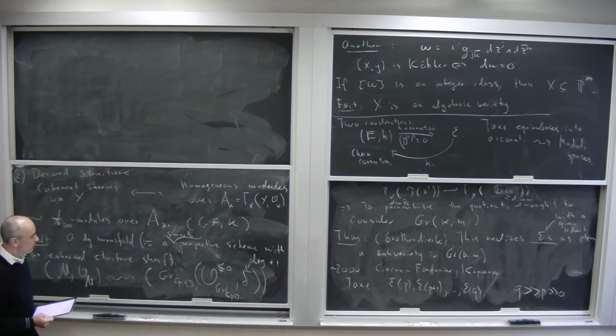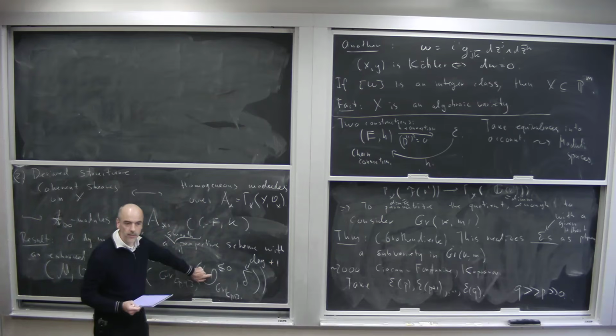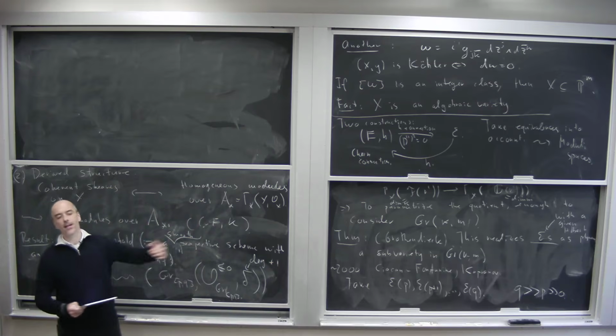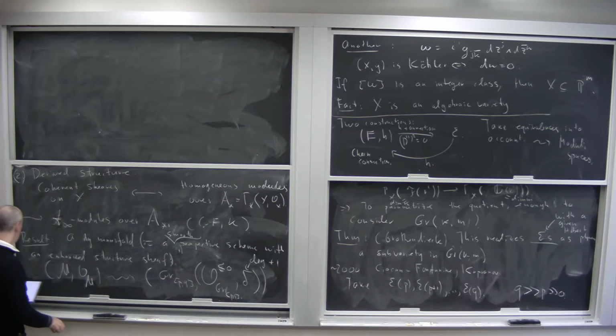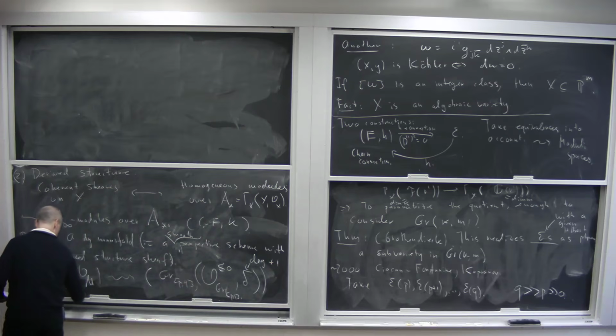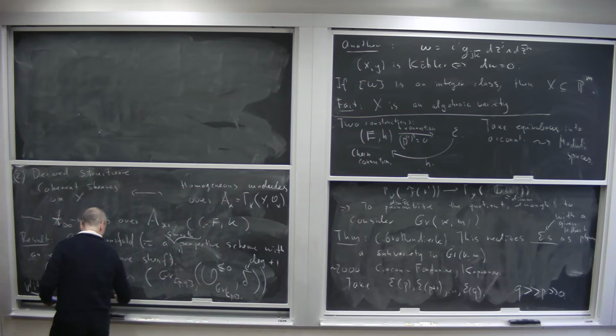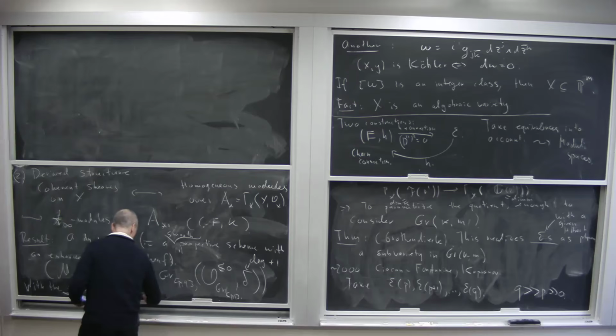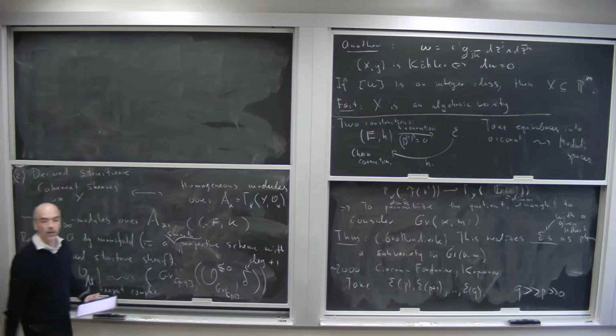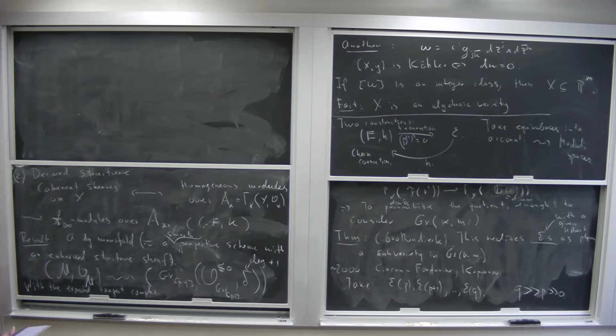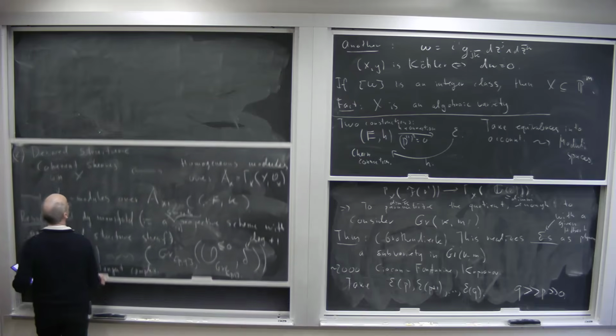And the important part is that the tangent space, the tangent complex, will be exactly the Ext complex for your structure sheaves. So it will be correct, as expected. That is actually quite important, the fact that it's expected.